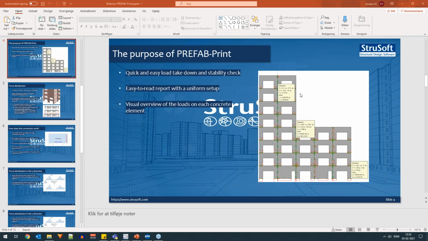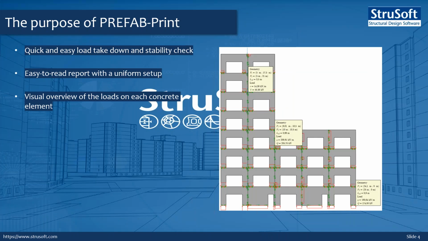And this is a report of the load takedown and the stability check. And the purpose of this report is that, first of all, it's easy to read. It has a uniform setup, and it provides a visual overview of the loads on each concrete element.